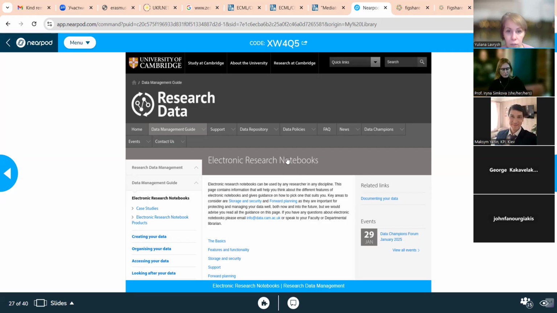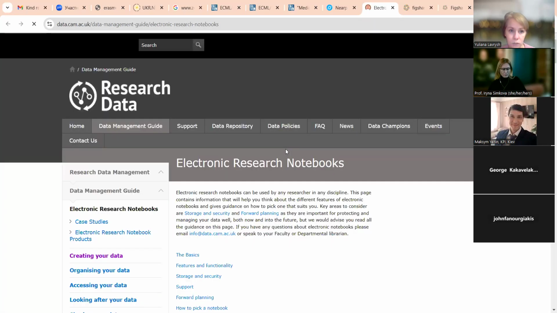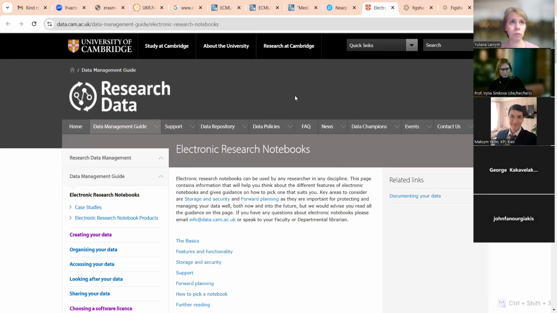And if you open here, speaking about data, if you want to make your data open, there are some key principles: you should collect your data in a responsible way. You should prove all your data collection tools. Your data should be stored in a proper way in some open cloud, an open science cloud, for example.